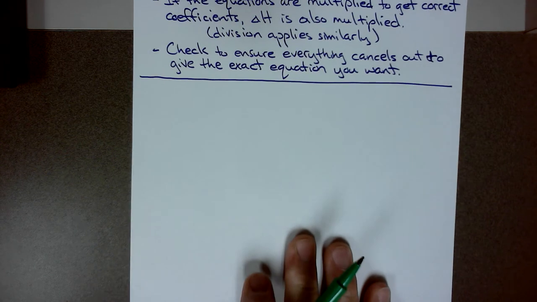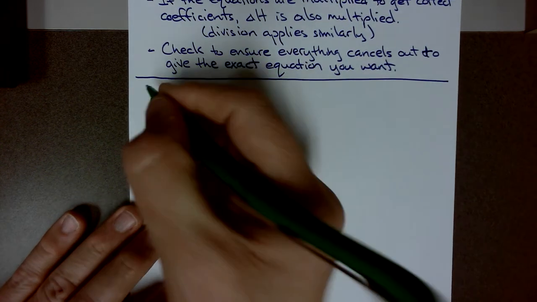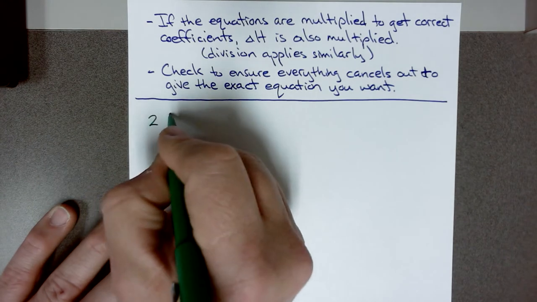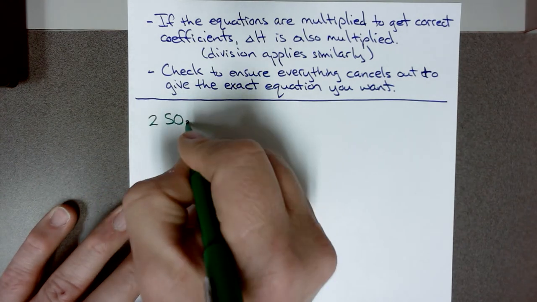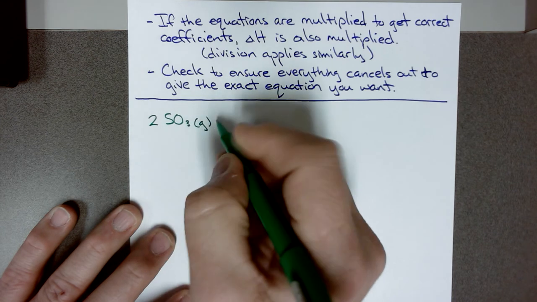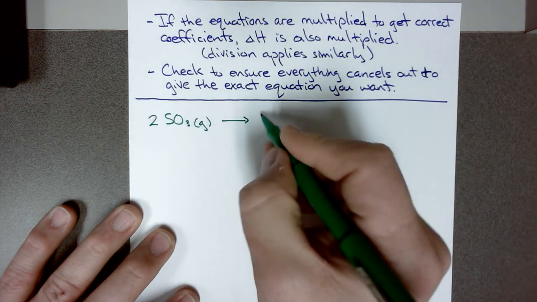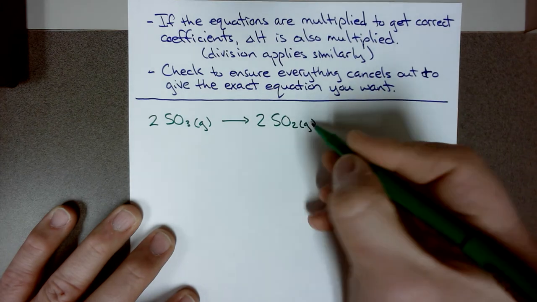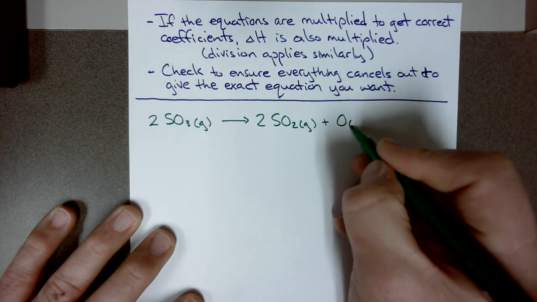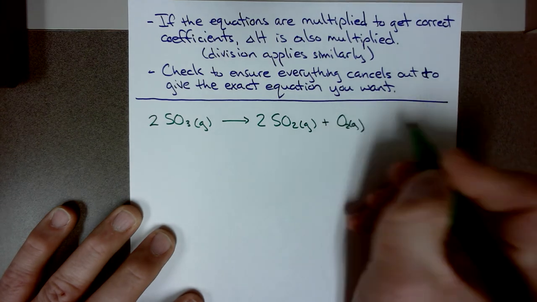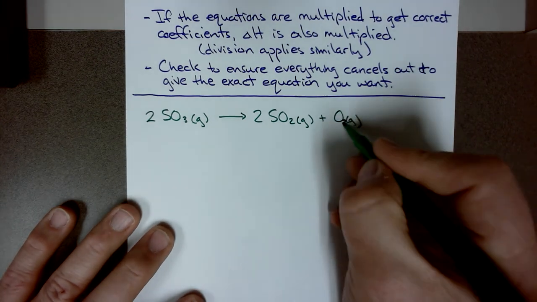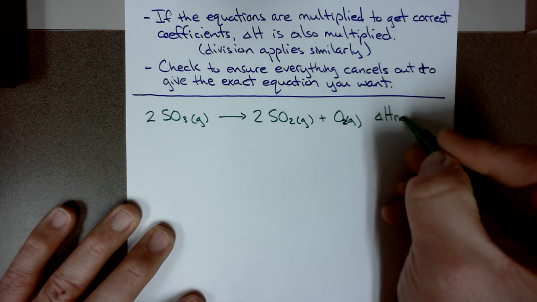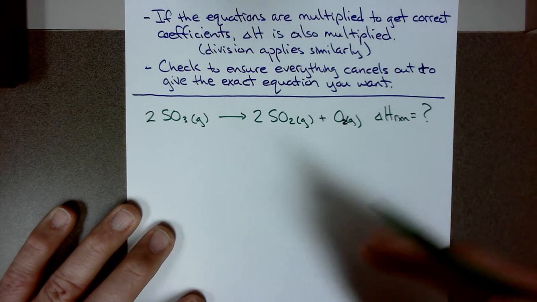With this practice one, we're going to start out with 2 moles of sulfur trioxide gas decomposes to make 2 moles of sulfur dioxide gas and 1 mole of oxygen gas, O2 gas. And we are looking for the delta H of this reaction. What is the delta H of this reaction?